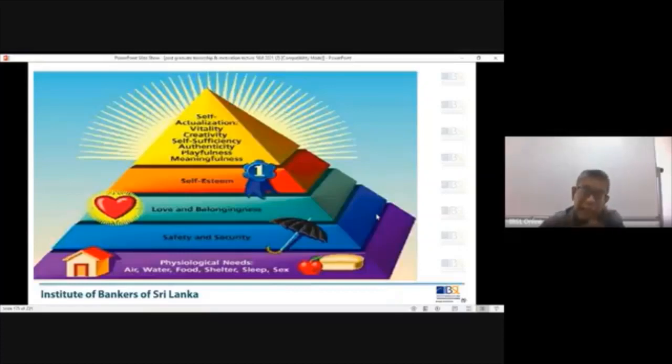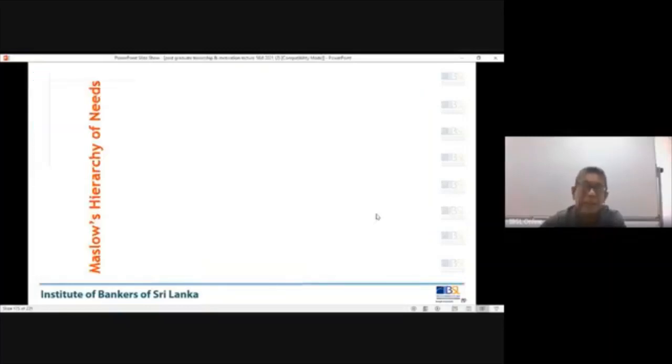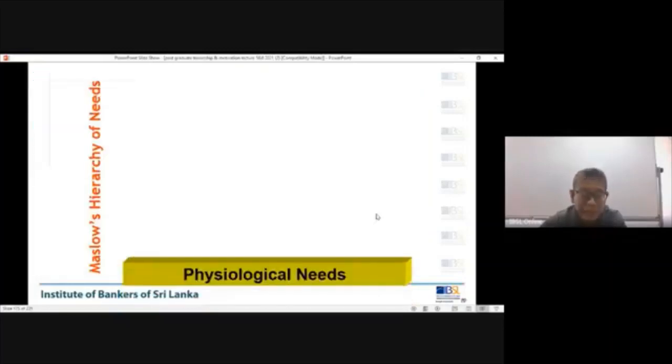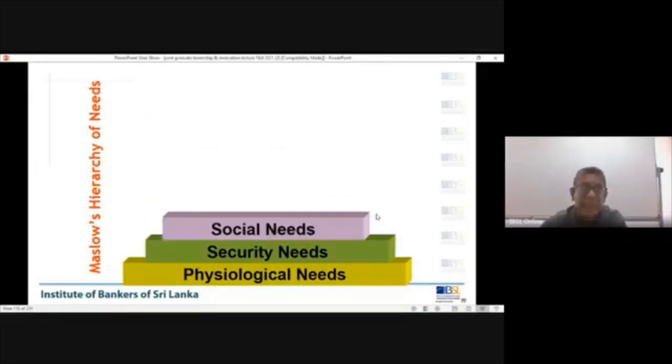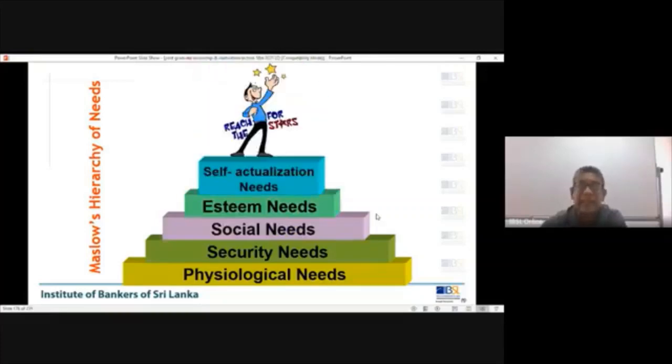That is why Maslow said the needs are placed in a hierarchical order. It goes from bottom to top. They are not jumping straight away to self-esteem and things like that. That is Maslow's thesis: physiological needs first, then security needs, then social needs, esteem needs, and finally self-actualization.